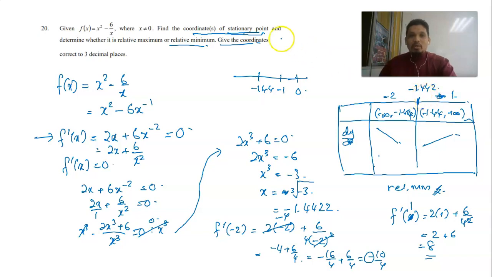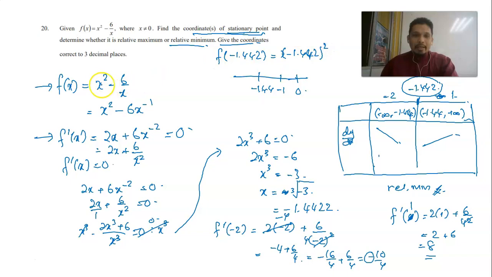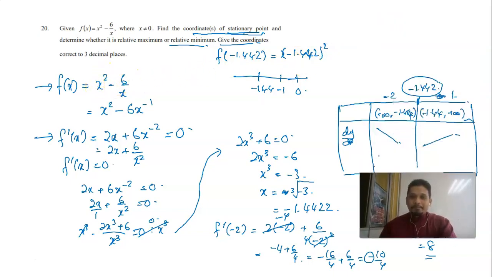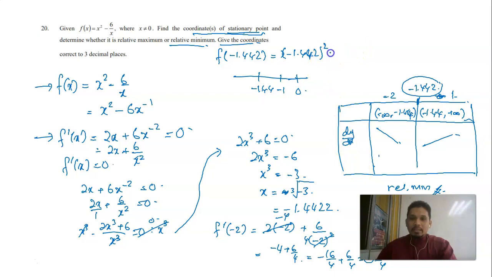On the x and y axis, we need the coordinate. When we talk about the coordinate or points, we need two values, which is x and also y. So in this case, substitute the value of negative 1.442 into the function f(x). So f of negative 1.442 is negative 1.442 squared minus 6 divided by negative 1.442 squared.